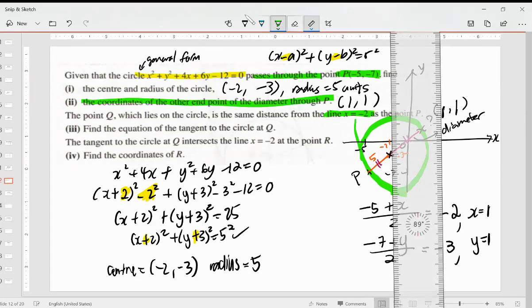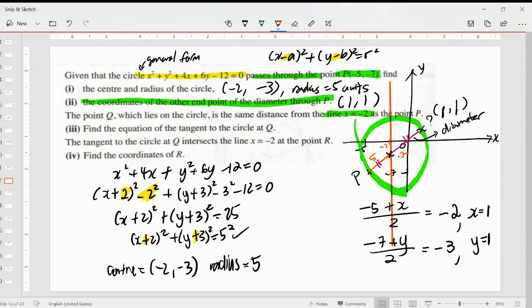This straight line, not very accurately drawn, will pass through my center. So this is how it looks. Let's recall again: all vertical lines are x equals something.